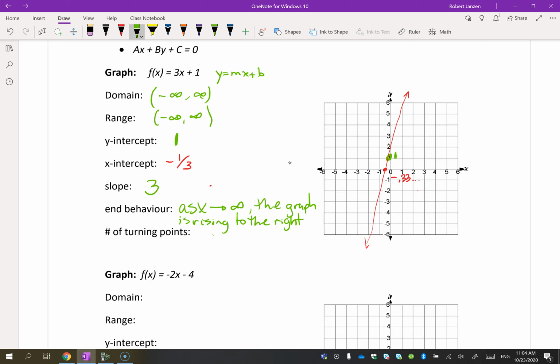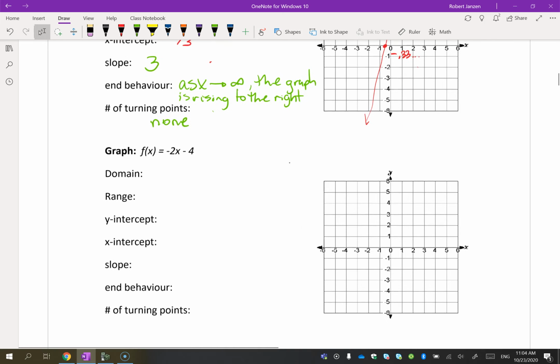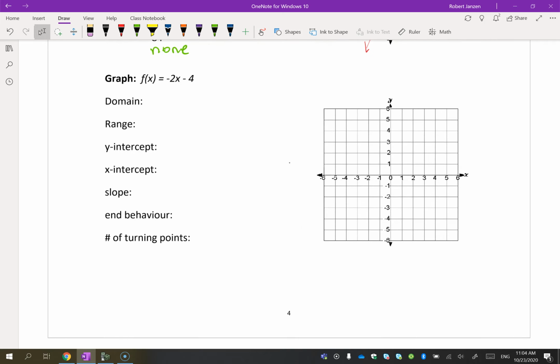We probably don't have to say to the right. We'll just say it's rising. So in other words, as we go this way on the graph, you can see that the graph is going up. Okay. Number of turning points. Again, this doesn't turn. It's a straight line.